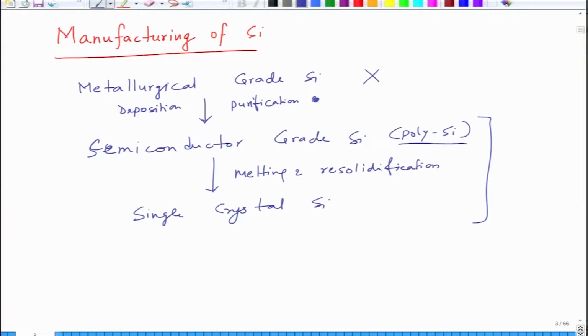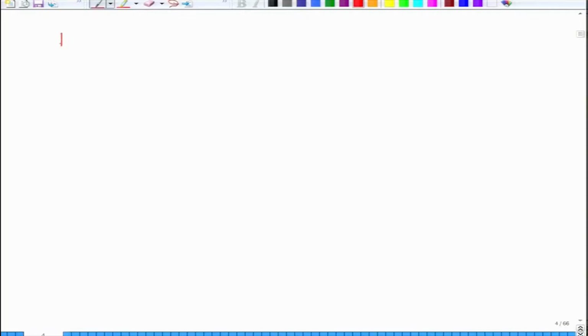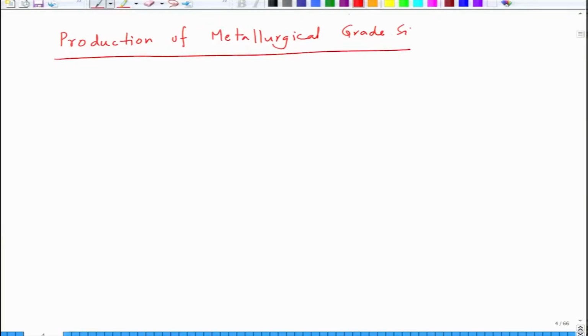So, how do you produce metallurgical grade silicon? Metallurgical grade silicon is basically made from, to begin with, lumpy quartz.